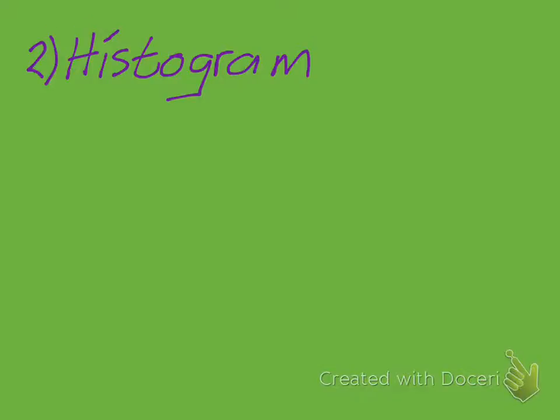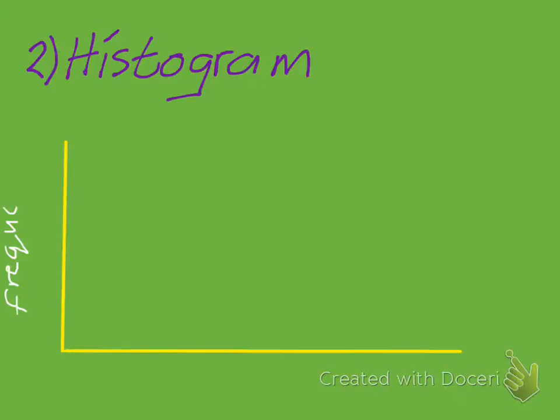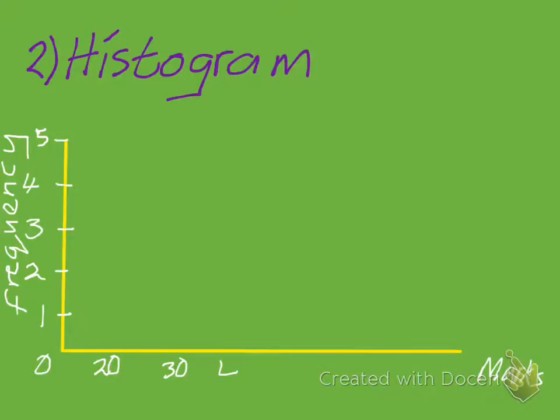Let's show you how it comes up. The y-axis is frequency, and the y-axis runs from 1 to 5. On the x-axis, let's represent marks, from 0 to 70. Each mark range has its frequency.